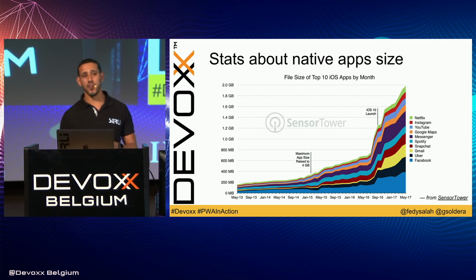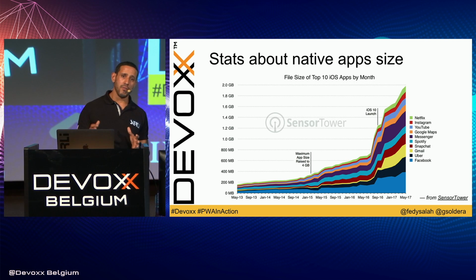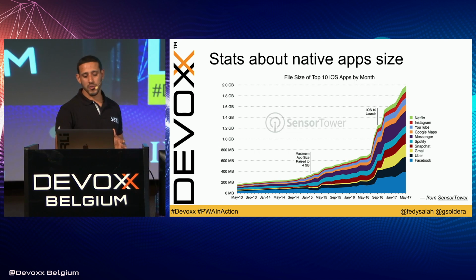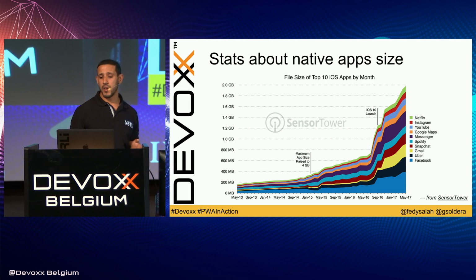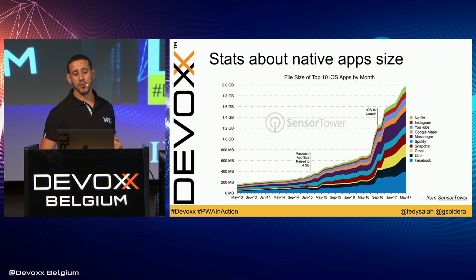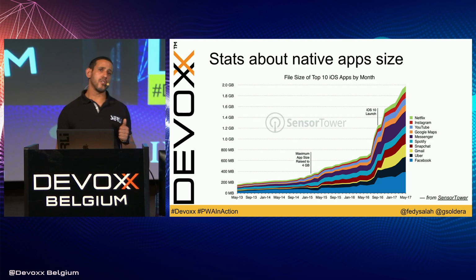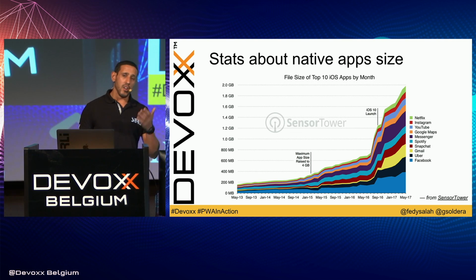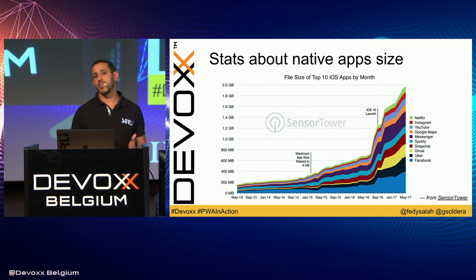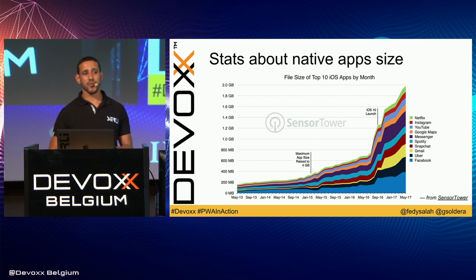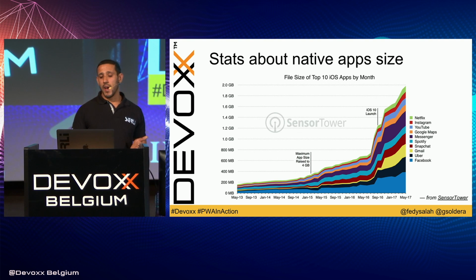Let's focus a bit on the evolution of the mobile app. As we see, in May 2013, the app size did not go above 200 megabytes. Now we are talking about gigabytes. I know that 5 years ago, when I had a phone with 32 gigabytes of memory, it was efficient for me. It was large enough to contain all of my apps.